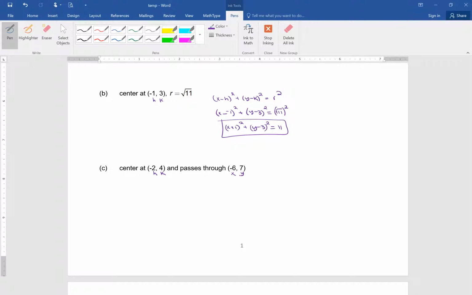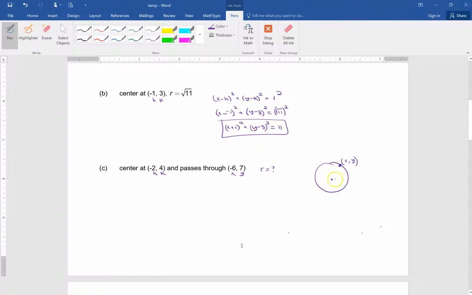But what I have to do now is I need to find the radius. All right. So, to find the radius, let's think about this for a minute. If you know where the center is, and if you know that your circle passes through some point x and y, right? How would you possibly be able to find the radius? Which formula?